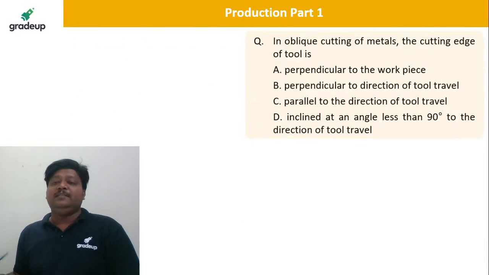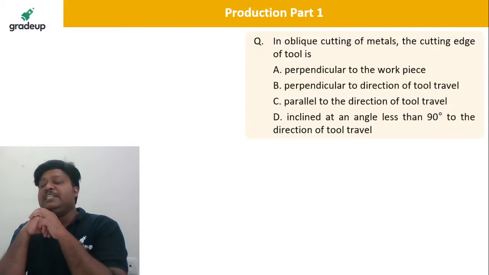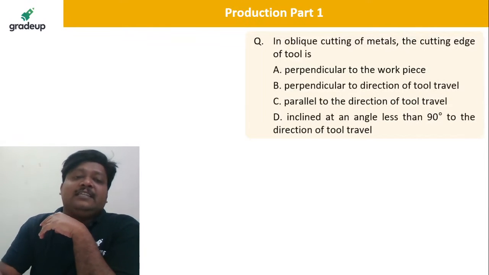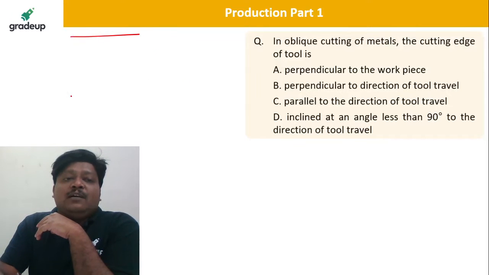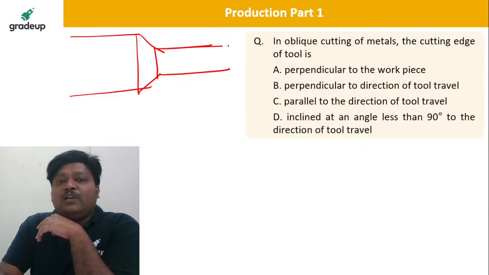Take the next question. In oblique cutting of metals, the cutting edge of the tool is, just now I told you, take the same example of step turning, but like this, so your tool is here. Now you can see the cutting edge and the velocity vector.